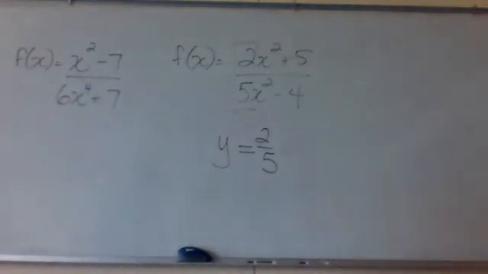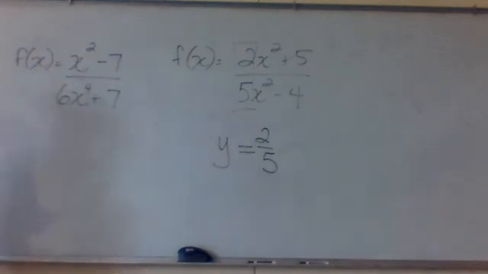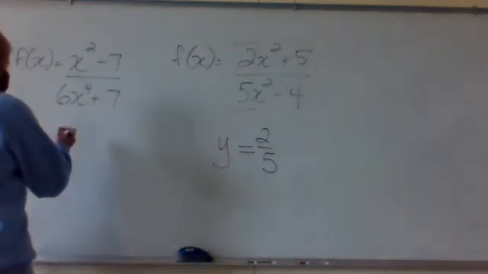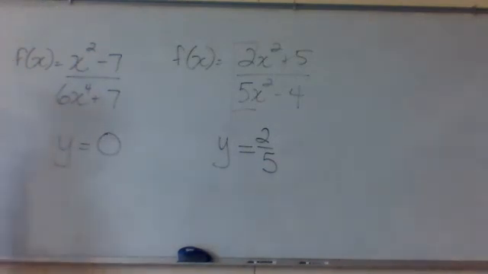So determine the horizontal asymptote. So let's see, the degree of the top is 2. The degree of the bottom is 4, which means the degree of the numerator is less than the degree of the denominator. That was that first way that we had written on the board. If the top was less than the bottom, your horizontal asymptote was automatically y equals 0.